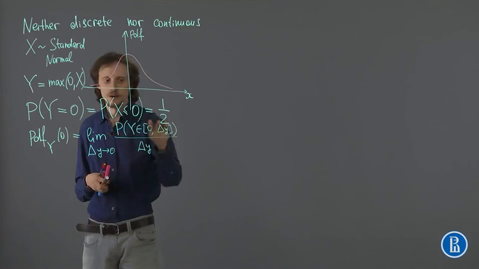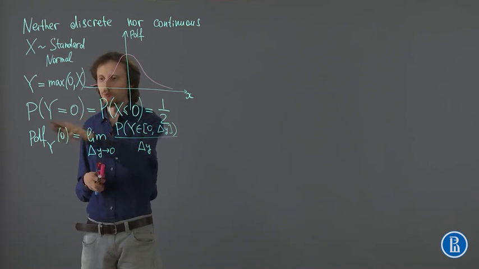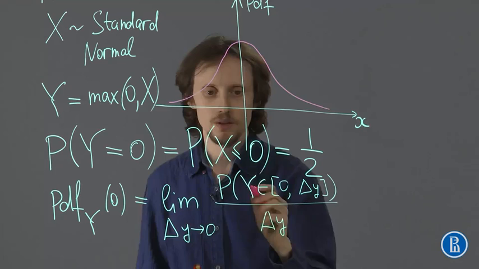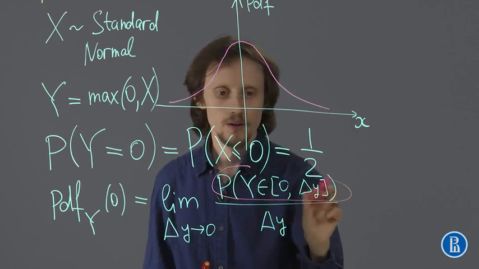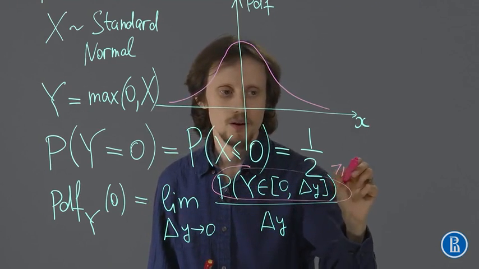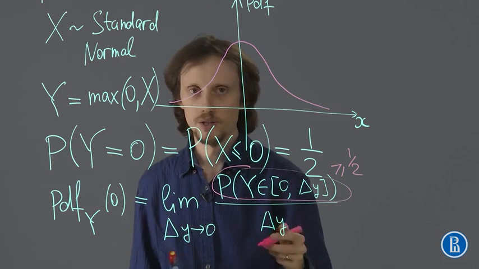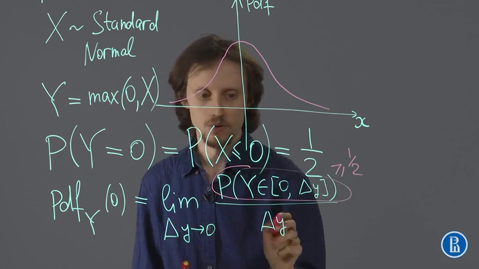In the numerator, we have this probability, and this probability is greater than or equal to the probability that y equals 0. However, this probability is 1/2. So it means that the numerator is greater than or equal to 1/2. At the same time, the denominator tends to 0, so it is arbitrarily small.